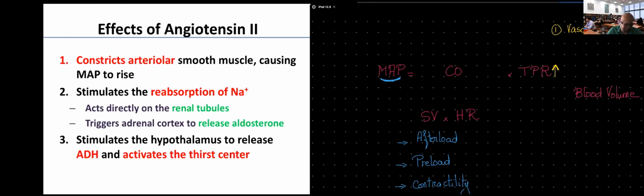It's going to be going up. It's going to increase. So I have a rise in my total peripheral resistance. Rise in my total peripheral resistance is going to result in what in terms of blood pressure? What do you think? When you increase total peripheral resistance, what's going to happen to your mean arterial pressure? It goes up, it increases.